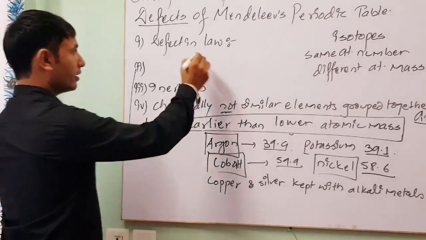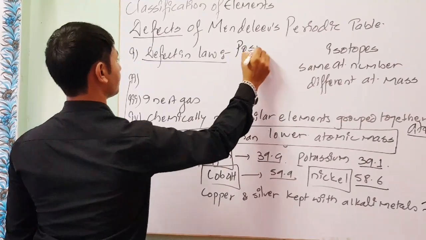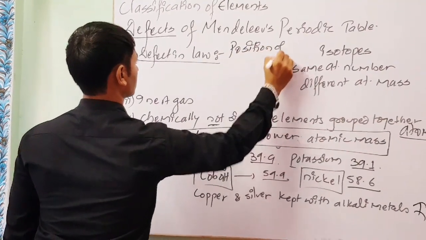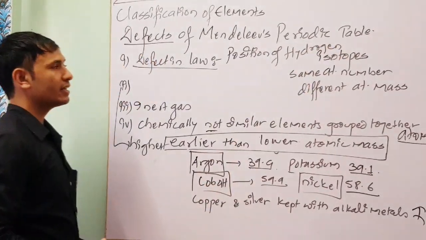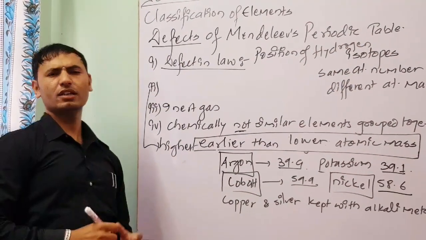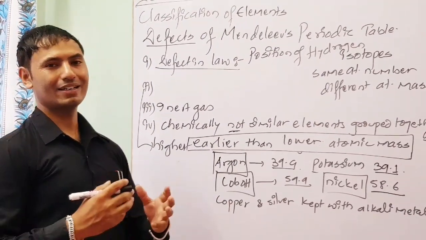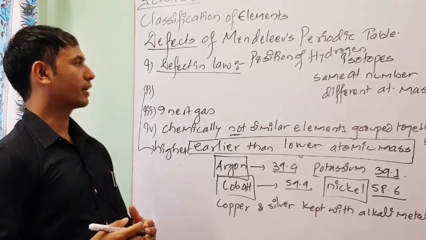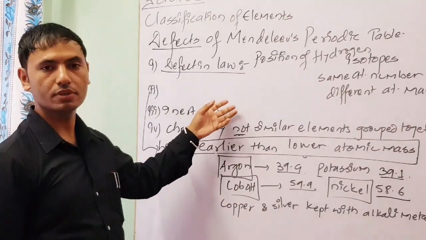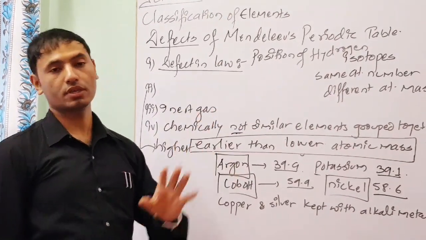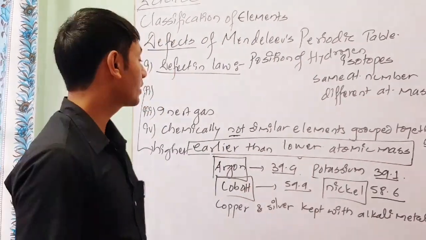Here, in defect in law, there is the defect in the position of hydrogen. What we can tell is that hydrogen acts as both an electropositive and an electronegative element, because it can gain an electron to attain a stable electronic configuration and lose an electron to attain a stable electronic configuration.